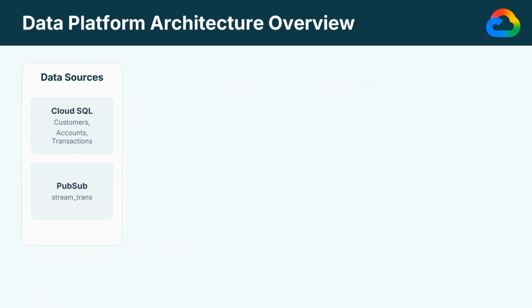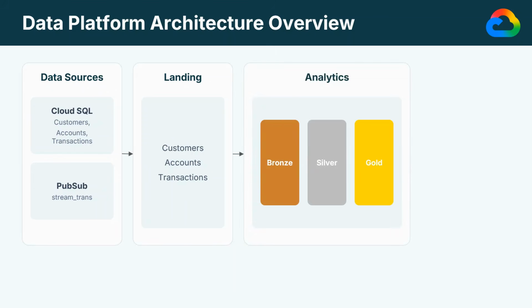Here we are using Cloud SQL as one database source, and the other is Pub/Sub for streaming transactions. The data from these sources will be loaded to the landing layer, and we will be using Google Cloud Storage for the landing layer. From there, we are going to build an entire analytics platform on top of BigQuery. In this analytics platform, we are going to use a Medallion architecture, such as a bronze layer, silver layer, and gold layer.